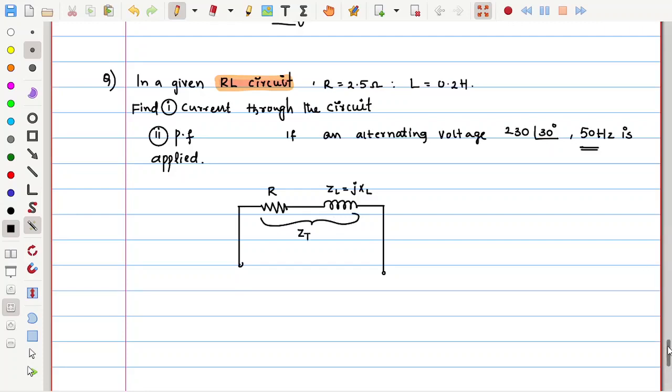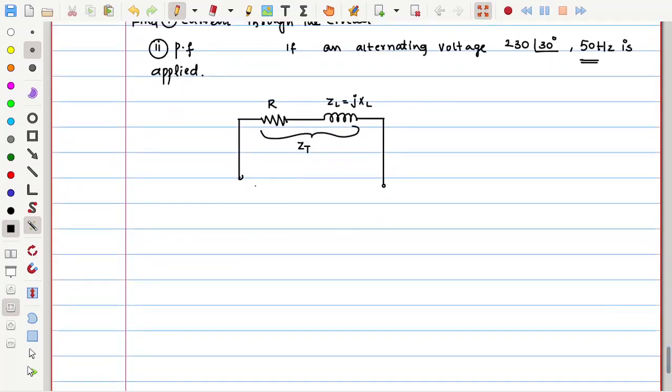Let us calculate quickly how much the total impedance is. This is the total voltage, and the current through this is indicated; these are very common once we take up the circuit. So how much is ZT? ZT is equal to R plus jXL.